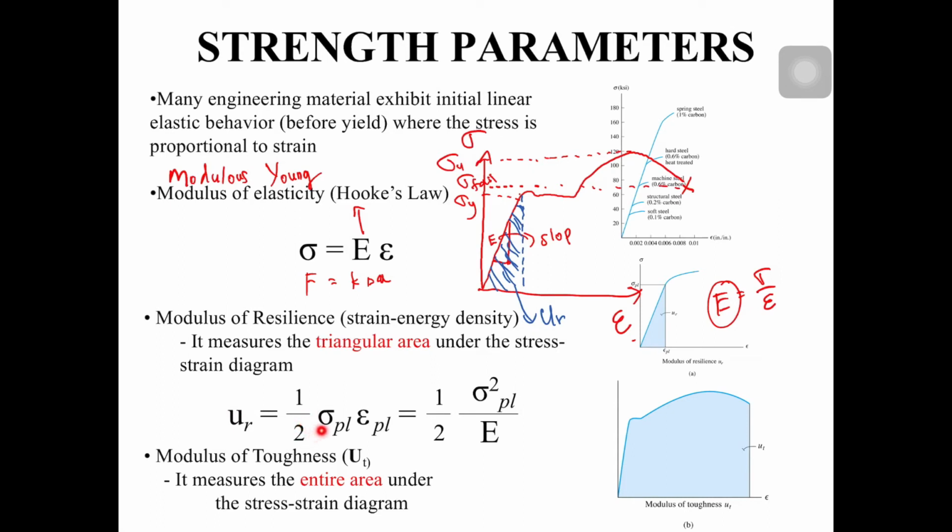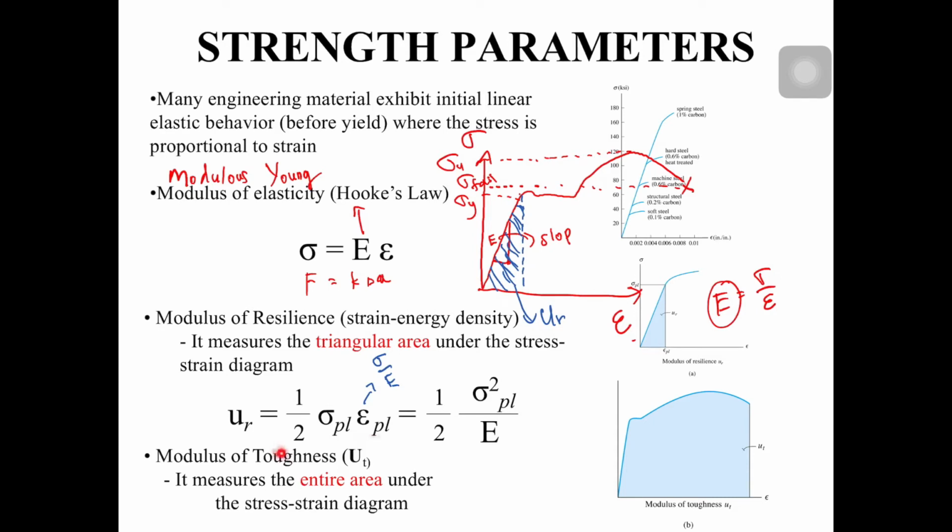That's why you have half sigma times epsilon, area of the triangle. Or we have also half sigma squared over E. How we get this? Because epsilon is also sigma over E. From this part, epsilon is also sigma over E. You just put in here, you get sigma squared over E.